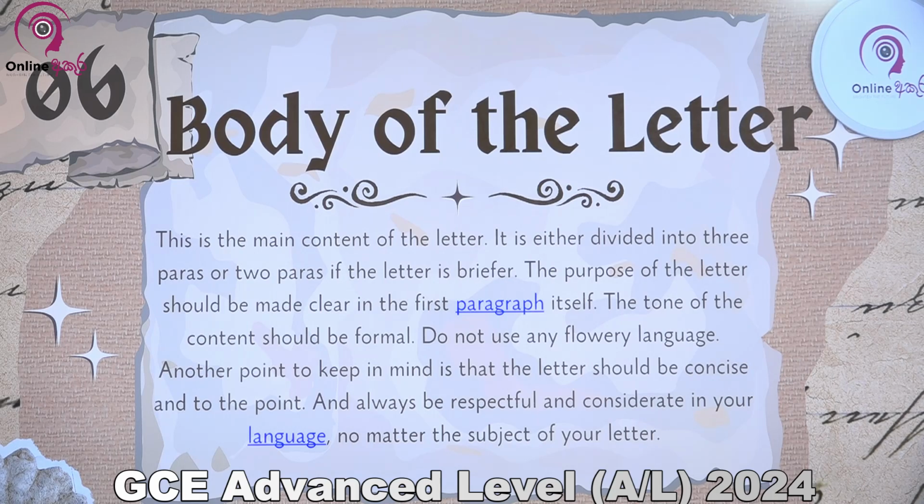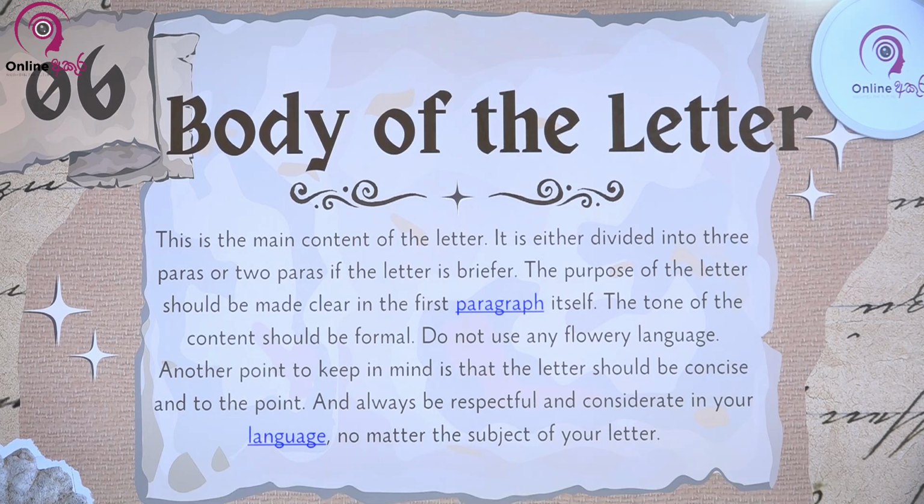Now when you are sending a letter like a request letter, it is very important that you send proof or any other documentation to support what you are requesting or what you are informing, whatever that it is.